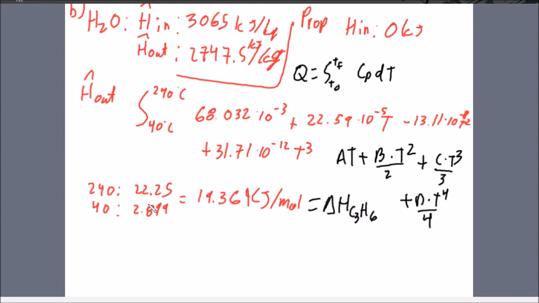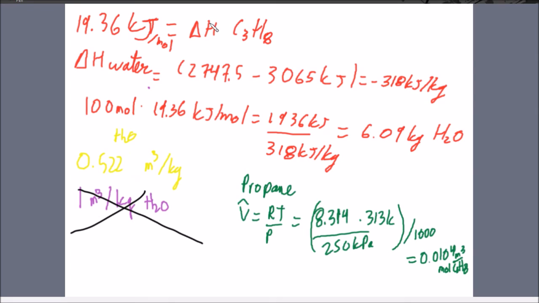You do 22.25 minus 2.899, take the difference, and you should get 19.36 kilojoules per mole for the change in enthalpy of propane. And that pretty much finishes up your part B. It can be a bit tricky, honestly, punching all these numbers, but just double check, and it should be okay.